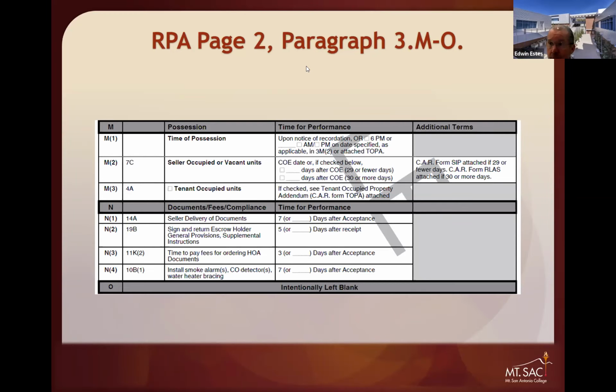Even if they've released their contingencies, they still get those back, but they can't sue the seller for any other out-of-pocket expenses that they may have suffered. Okay. For those of you who are really excited about that TOPA, email me after class. I can send you a copy of it.